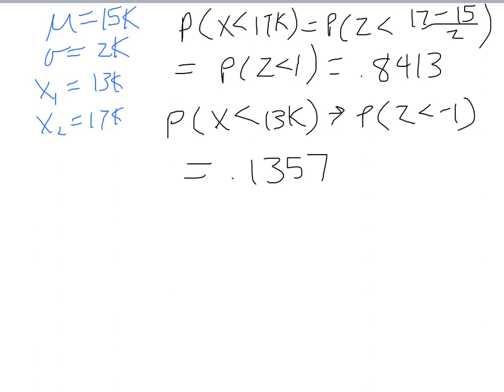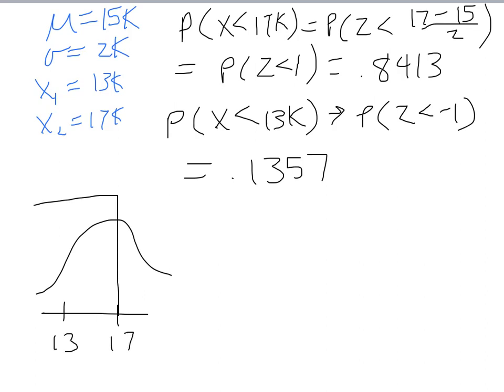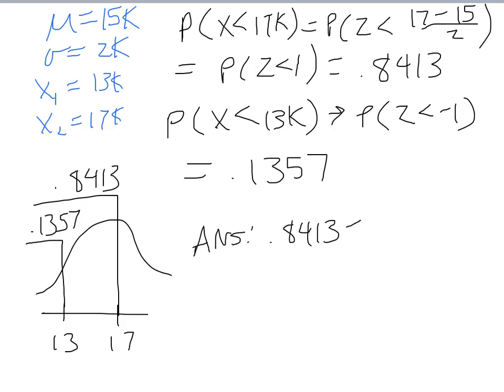So we can draw it again if you want to. At 17, at 13, this area is 8413. And this area is 0.1357. And I need to actually subtract those to get my answer. 8413 minus 1357.